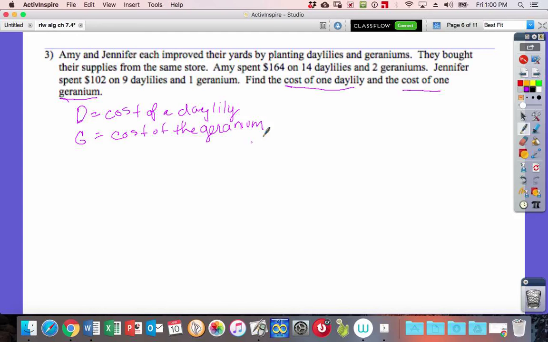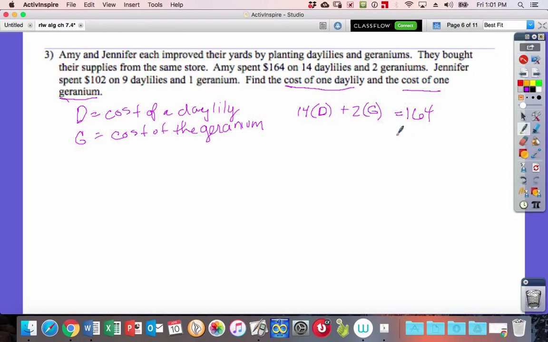Okay, now I'm going to go back and reread my problem. So it says Amy spent a total of $164. I'm going to put my total over here. And she bought 14 daylilies. So if I bought 14 and I knew what the cost was of each one, and 2 geraniums, that's how they would come up with that 164.